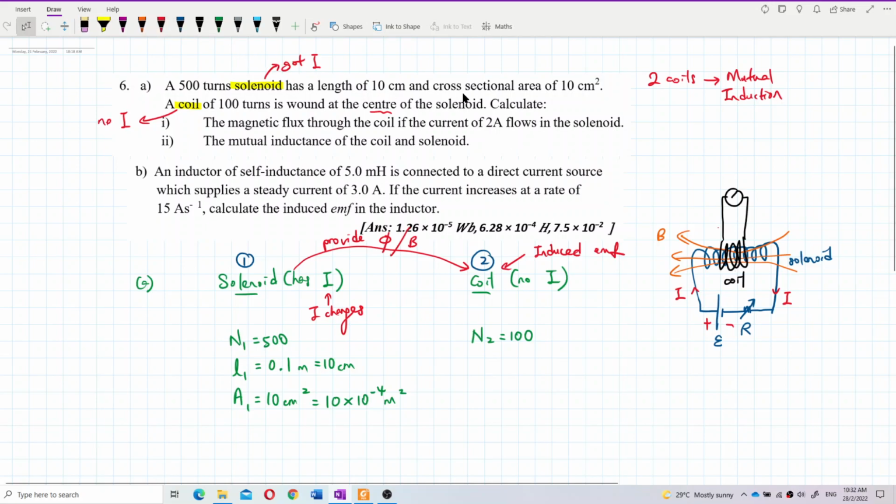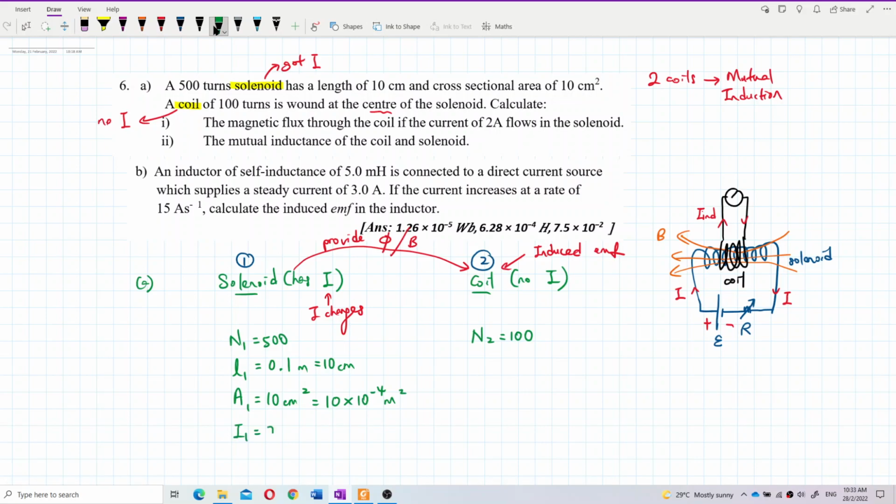Now, what is the magnetic flux through the coil if the current of 2 ampere flows in the solenoid? So 2 ampere is the current in the solenoid, so I can put that as I1 over here.